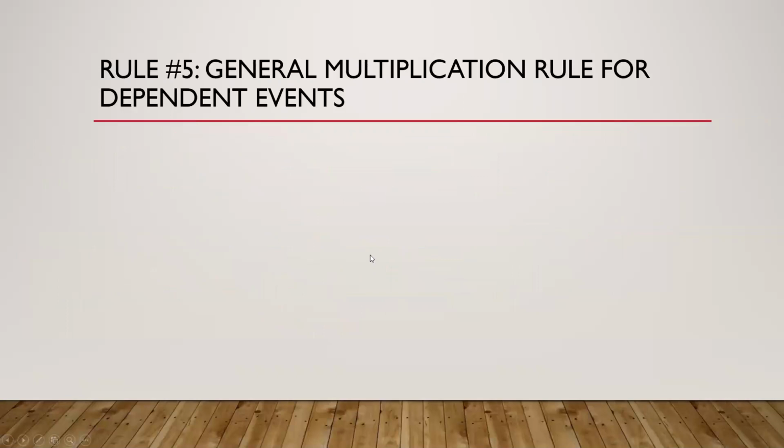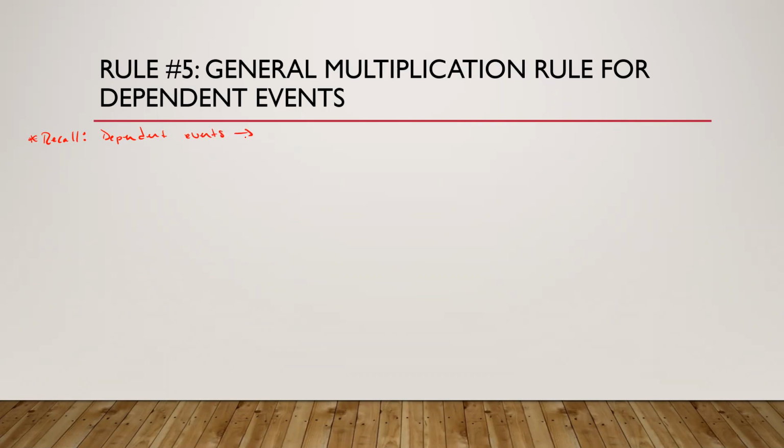And this is it, rule 5, our last rule for probability. This is called the general multiplication rule for dependent events. So what exactly are dependent events?